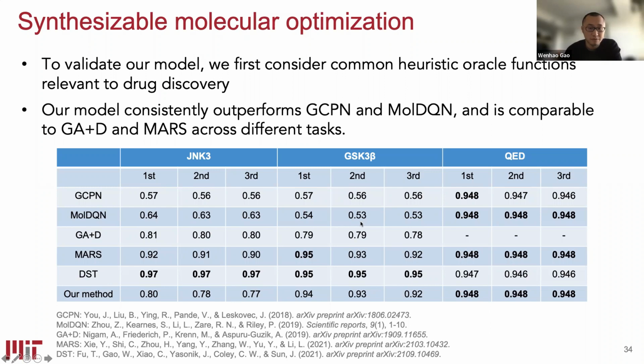In terms of optimization ability, our model consistently outperforms GCPN and MolDQN, which are two reinforcement learning methods, and is in general comparable to GA+D on most tests. So in general, it is comparable to the SOTA performance, but not very strong.